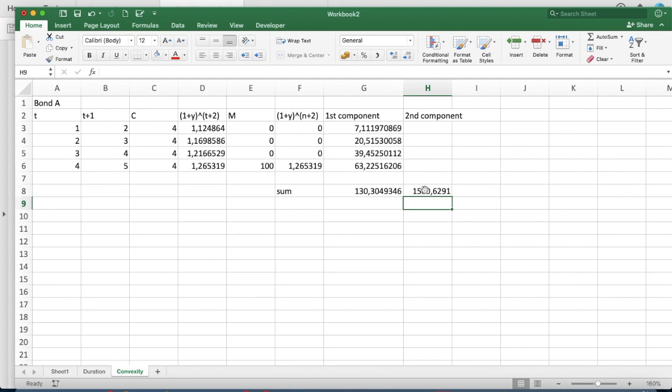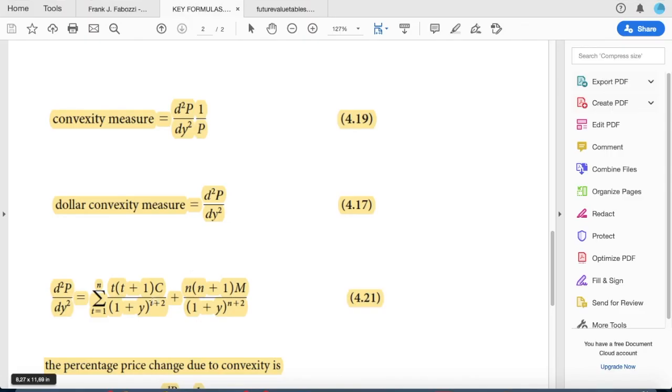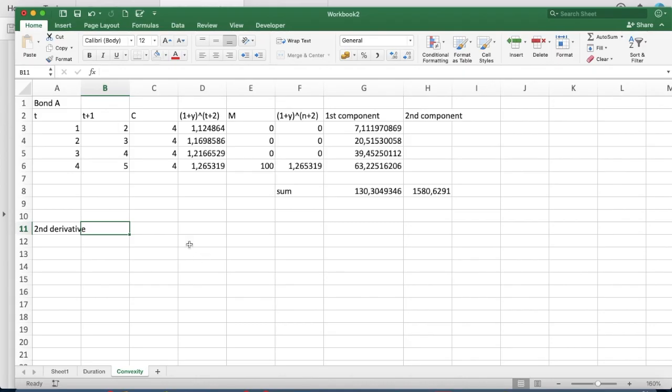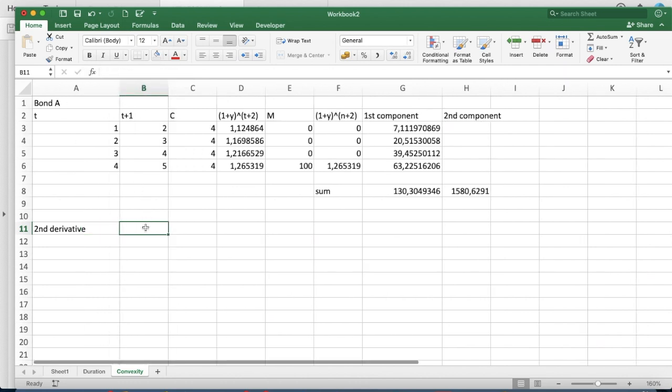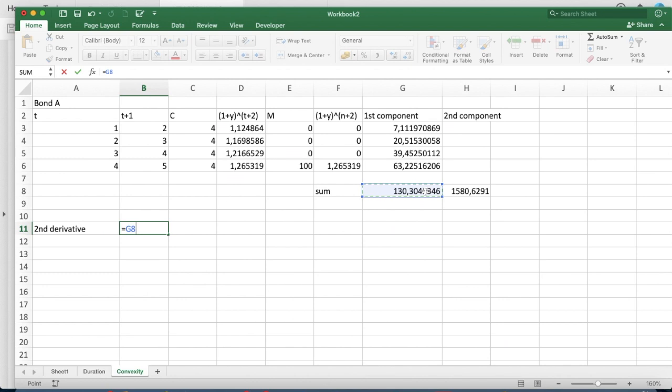See? So this is the second component. This means that the second derivative function is reached by adding the first component to the second one. So equal to the first component plus the second one.